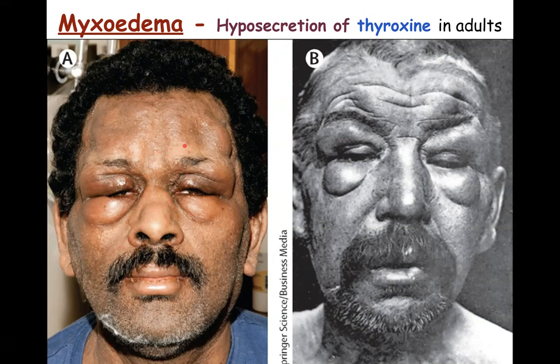A person will become sluggish because thyroxine controls the basal metabolic rate. If somebody is not able to produce adequate thyroxine, the basal metabolic rate will become low. So these people feel lethargic, tired, their body temperature is generally low, and they have swelling in hands, face, eyes, legs, etc.